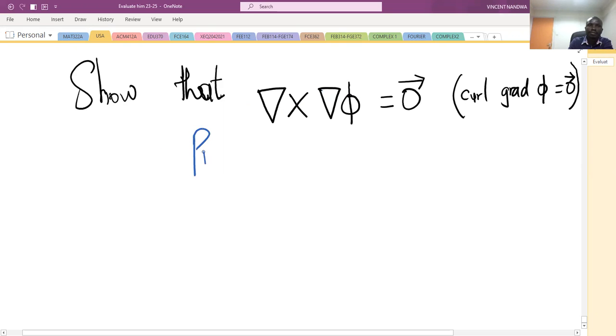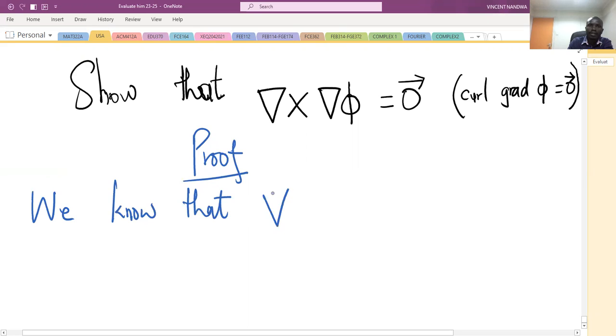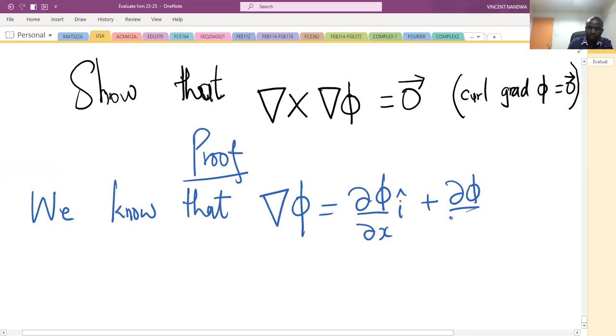So proof, we know that gradient of phi is given by partial phi partial x i plus partial phi partial y j, this from definition.